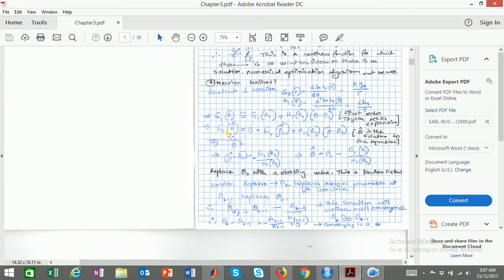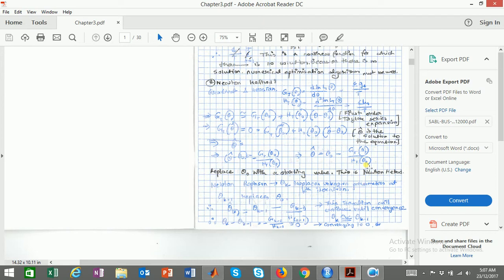The linear equation in theta hat is: we simply take theta hat, the estimated parameter, equal to theta naught minus the gradient divided by the Hessian. This is the linear equation that we can solve with OLS.